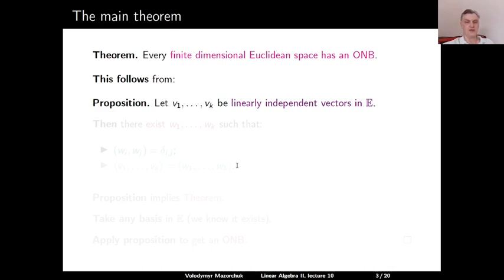Let v1, v2, and so on vk be a collection of linearly independent vectors in E. Then there exists a collection w1, w2, and so on wk of vectors in E such that these vectors are orthonormal, so they all have length 1 and are pairwise orthogonal, and such that the linear span of the vectors v1, v2, and so on vk is equal to the linear span of the vectors w1, w2, and so on wk.